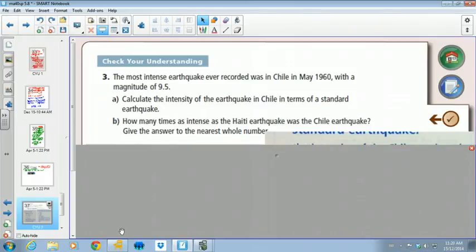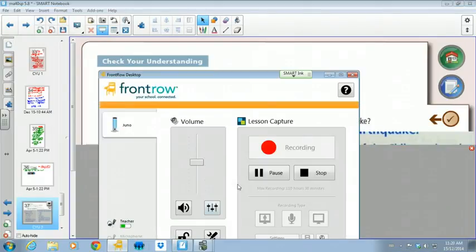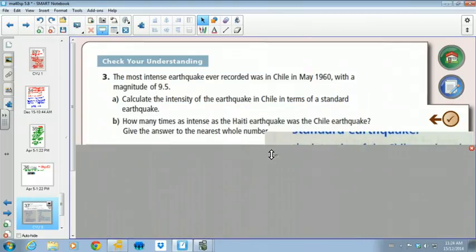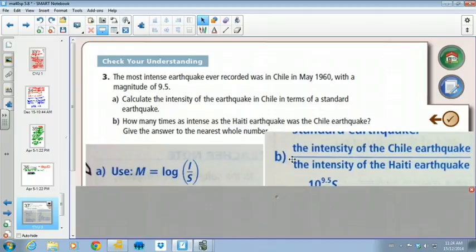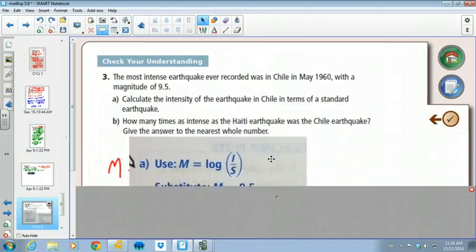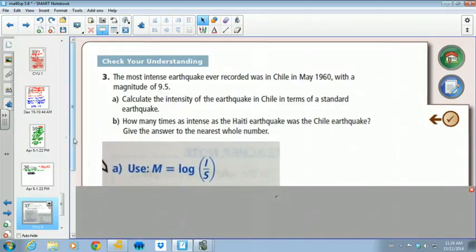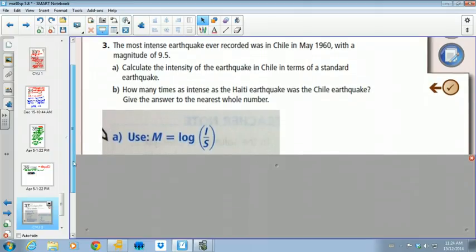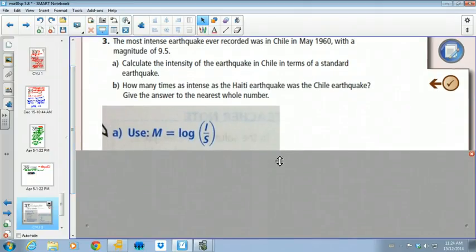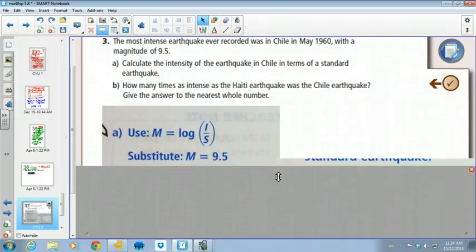Part B said how much interest was paid on the car loan. So we're going to use that formula. What goes in for M? Do we know the magnitude of that earthquake? Yep, it was 9.5 on the Richter scale.